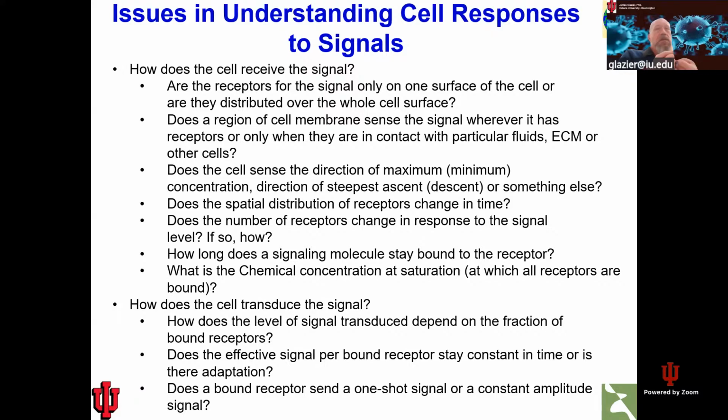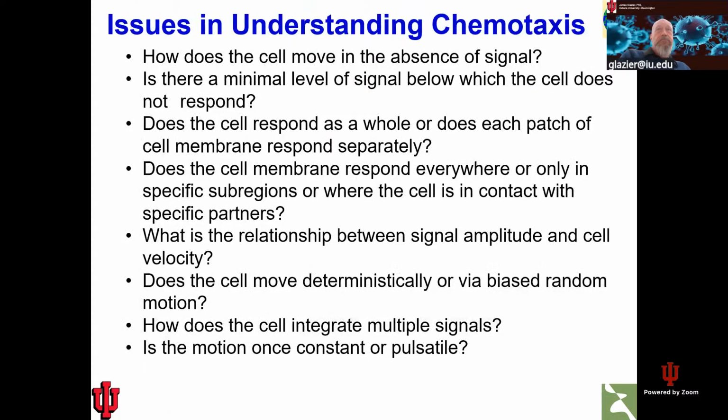So the same signal has a different effect on the cell depending on the internal state of the cell. So there are a lot of possibilities here. We only implement a fairly limited range of these possibilities.